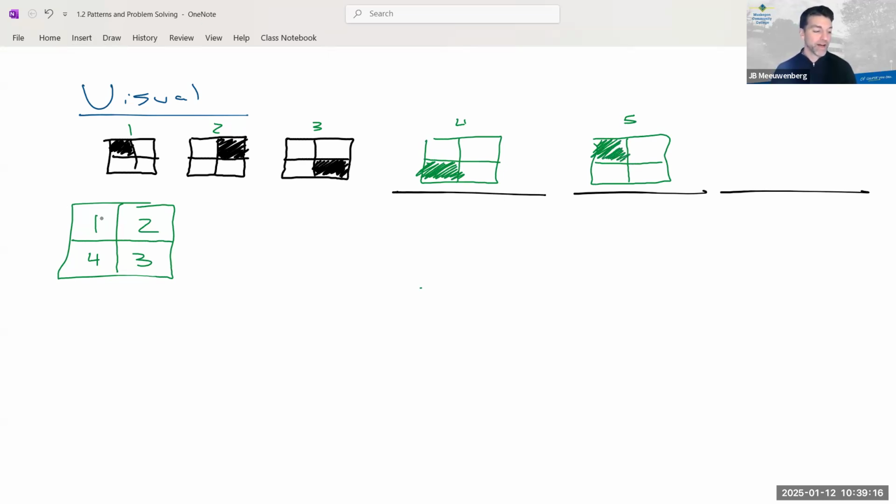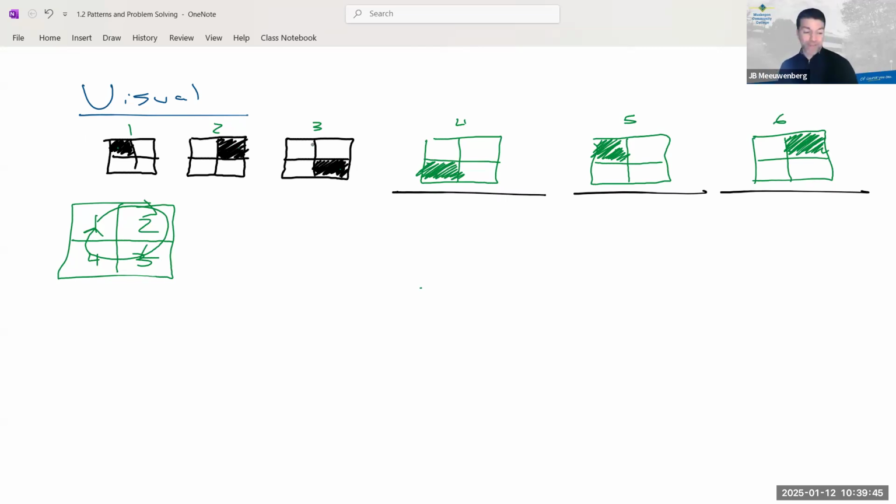It's almost as if the shading moves clockwise around the square. So 1, 2, 3, 4, 5, and then we start back again with 6, and 6 would go here. So that's a good example of a fairly simple visual pattern, shading in different geometric figures.